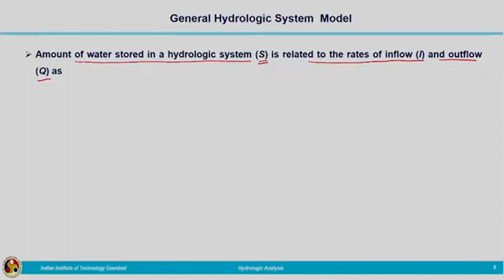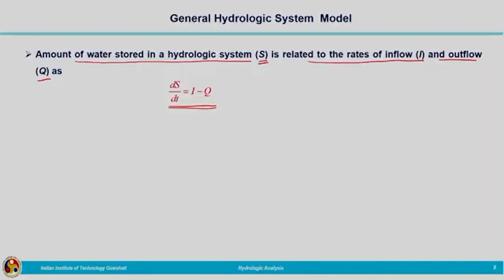In the case of the general hydrologic system model, the change in storage dS by dt is represented as the difference between inflow and outflow, I minus Q. Whatever amount of rainfall is occurring in a catchment minus the outflow Q, that is the abstractions. Those abstractions are represented by means of the change in storage.